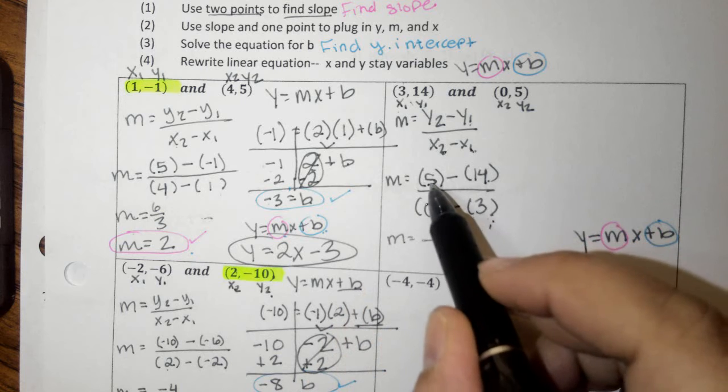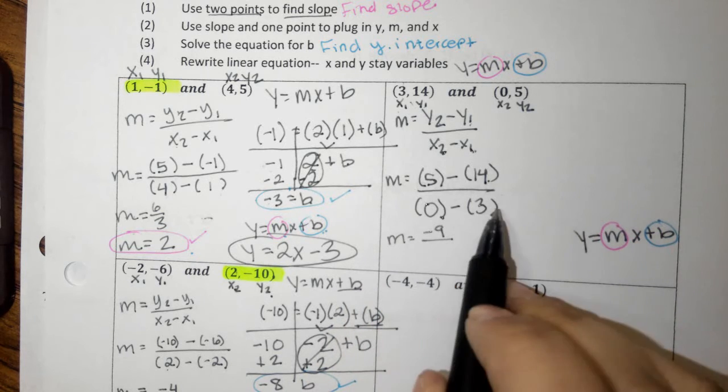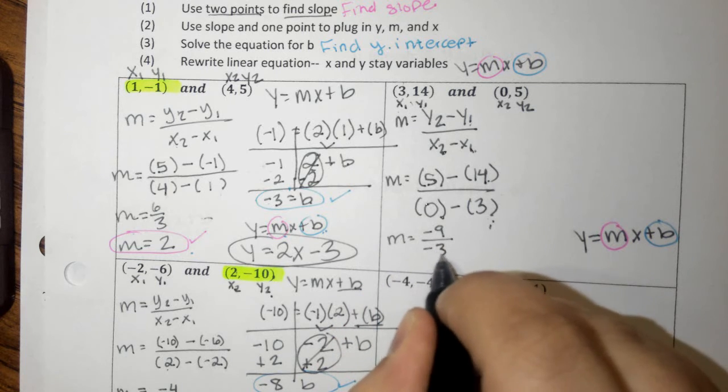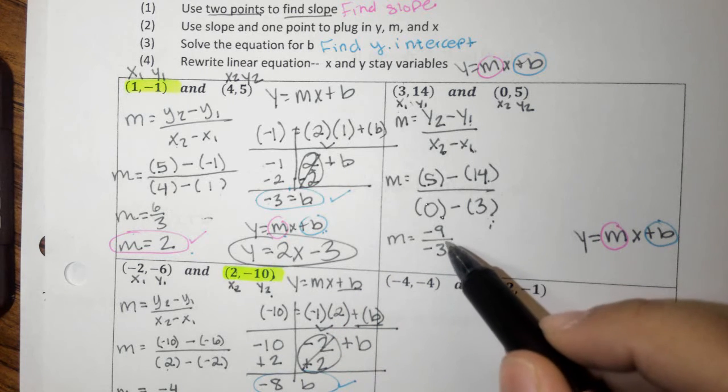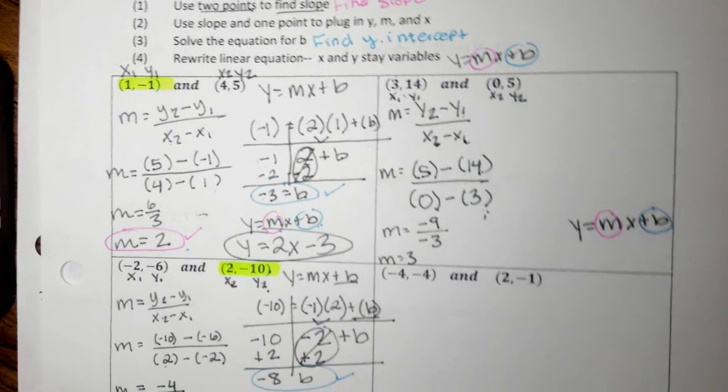The subtraction on the top is 5 minus 14, which is negative 9. The subtraction on the bottom is 0 minus 3, which is negative 3. And negative 9 over negative 3 is the same as 3. So now we know the slope.